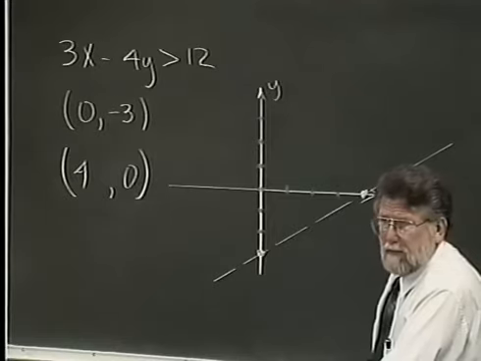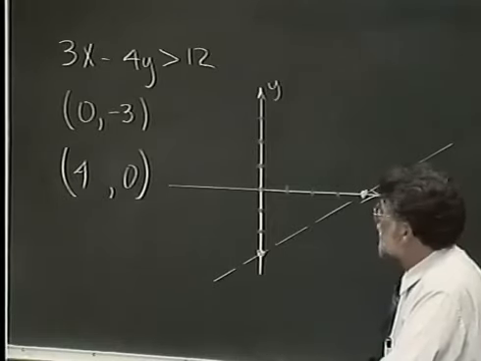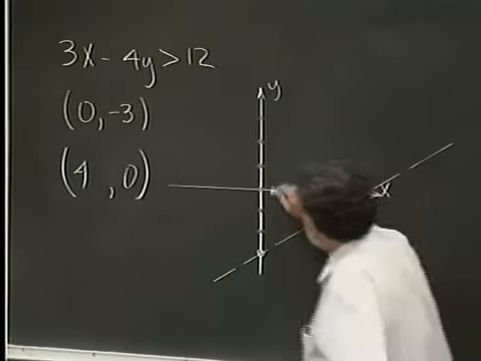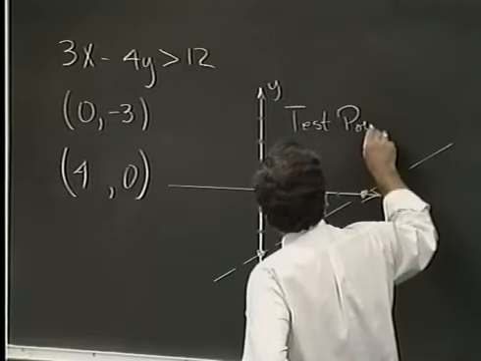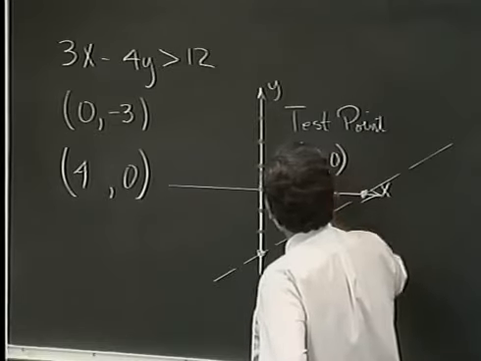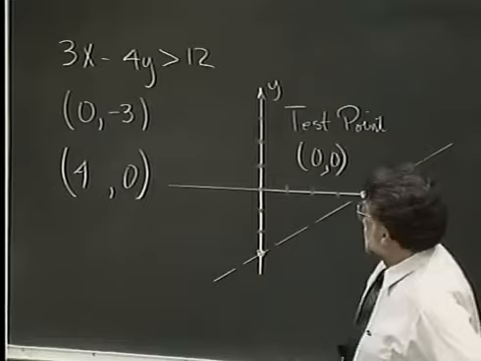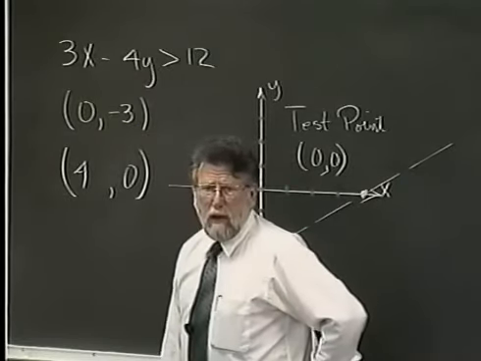Now the next step, I need a test point. My test point will be 0, 0. So I test the point 0, 0. And I ask, does that point satisfy the inequality? Well, if I have a 0 for y and a 0 for x, that's going to give me 0.